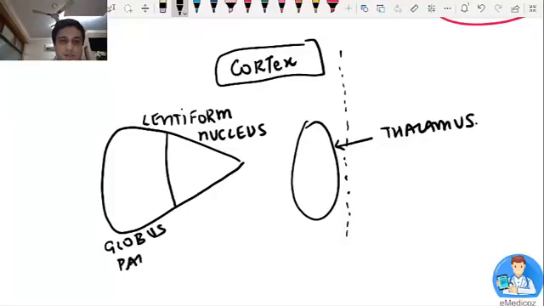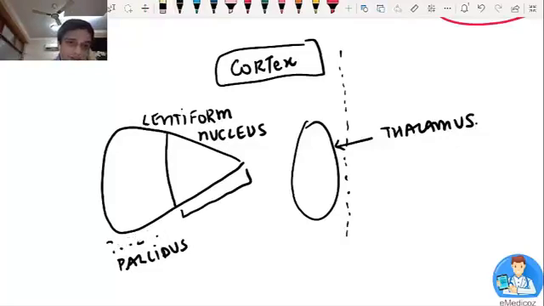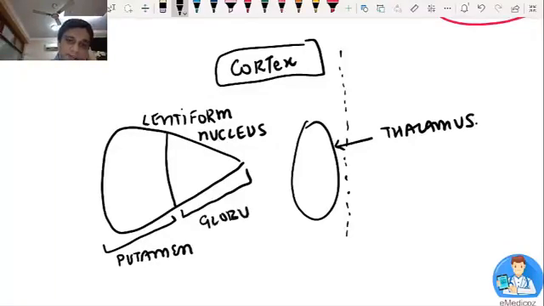One is the putamen, the outer peripheral part of it. And then second, the medial part is the globus pallidus. I can abbreviate it as GP.